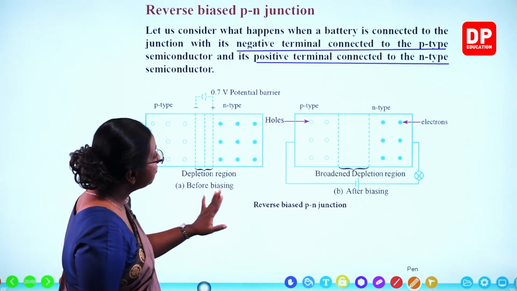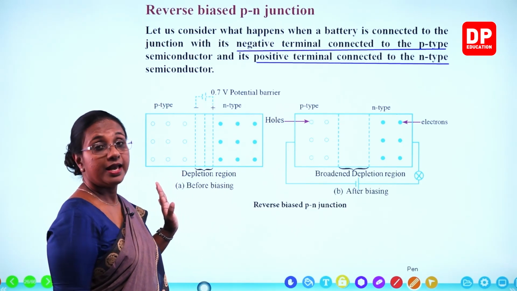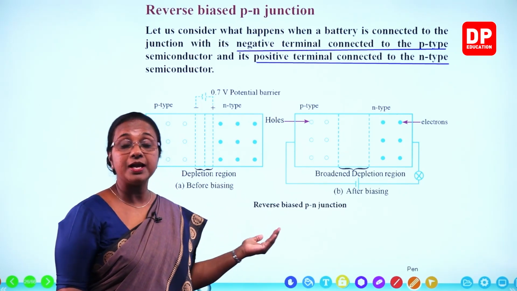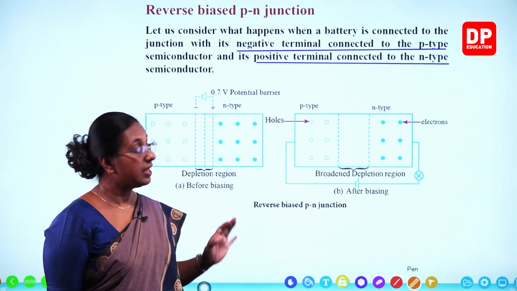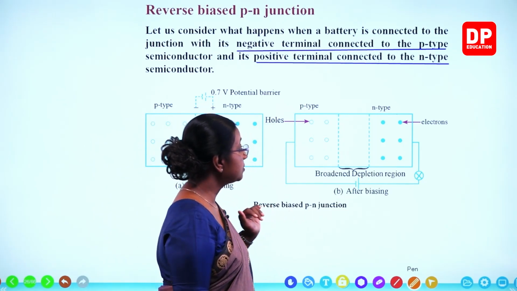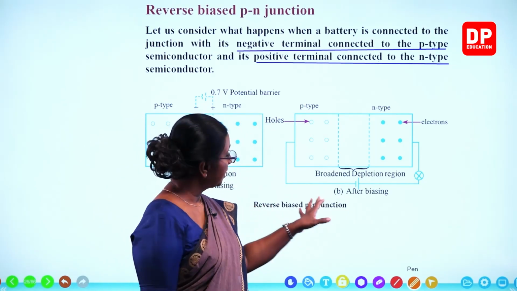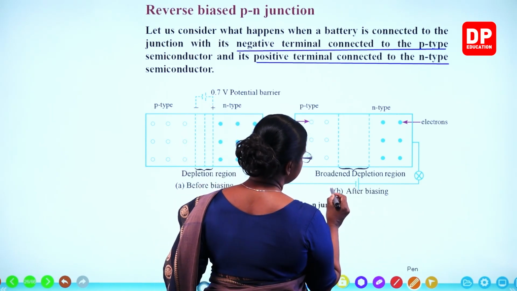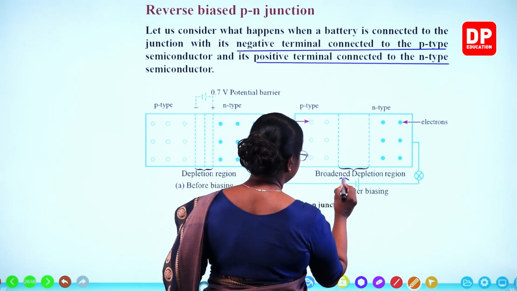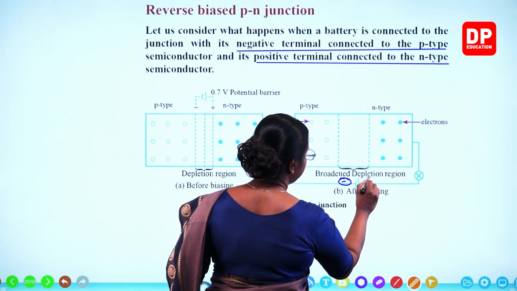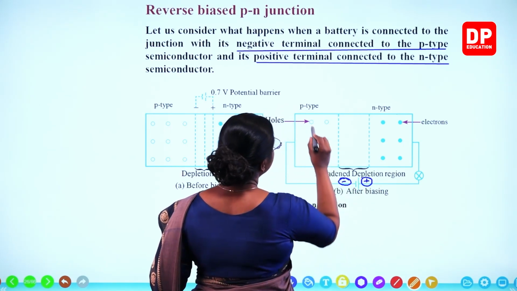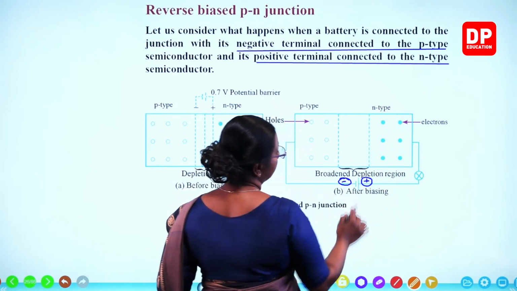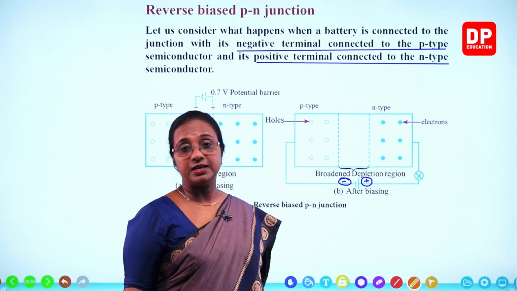Then, if we connect the external power supply, or a potential difference is supplied to the PN junction, that also makes a reverse biased PN junction. Now here you can see after biasing, students, this is the negative terminal and that is the positive terminal. Negative is connected to the P side and the positive is connected to the N-type semiconductor.